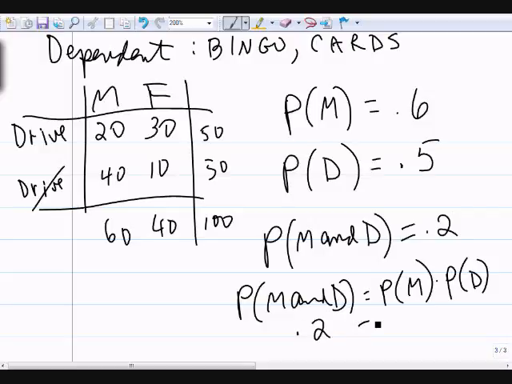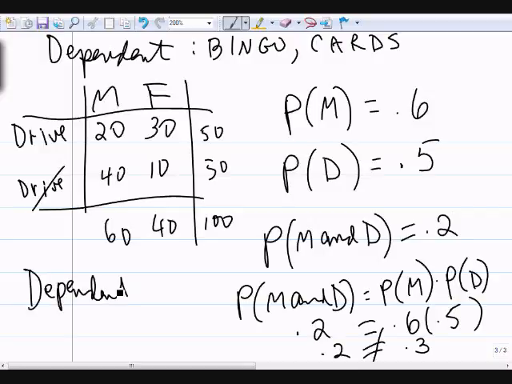Is 0.2 equal to 0.6 times 0.5? Obviously not. So if those probabilities aren't equal, then we have dependent events. It's a conditional probability, and we'll get to that tomorrow or the next day. Okay?